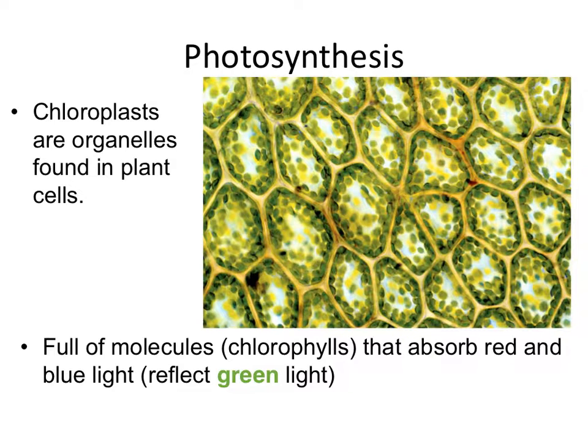The same sort of thing happens in the ocean, except that there are not many plants in the ocean. There are algae, like big kelp forests and things like that, that also do photosynthesis.